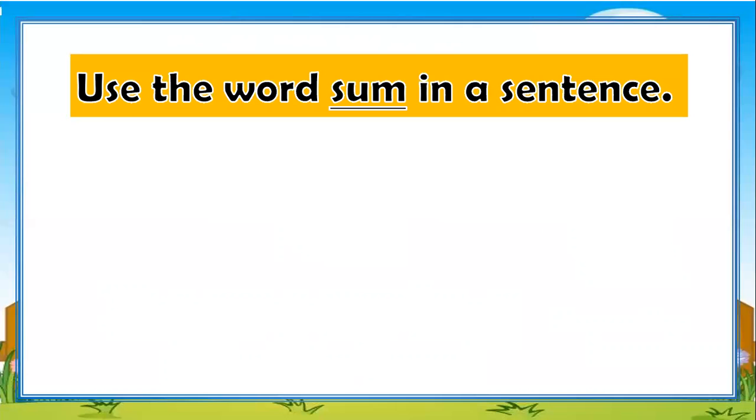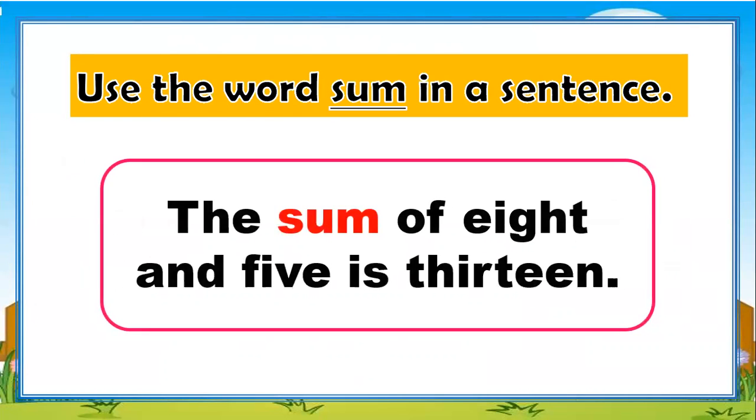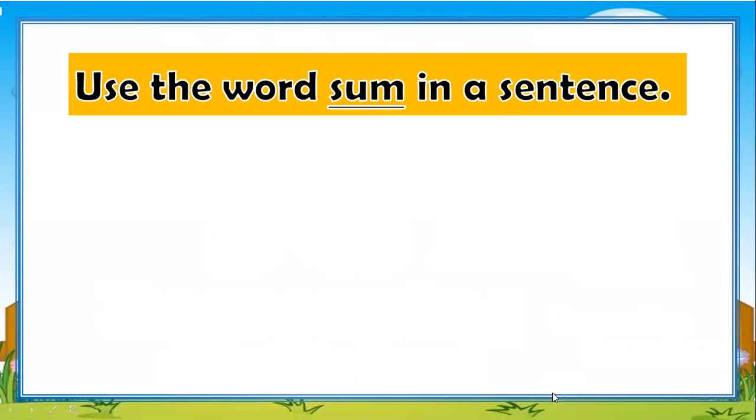Let us now use the word sum in a sentence. The sum of 8 and 5 is 13. Let us read the sentence one more time. The sum of 8 and 5 is 13. All right. Now let us use the word one more time in a sentence.